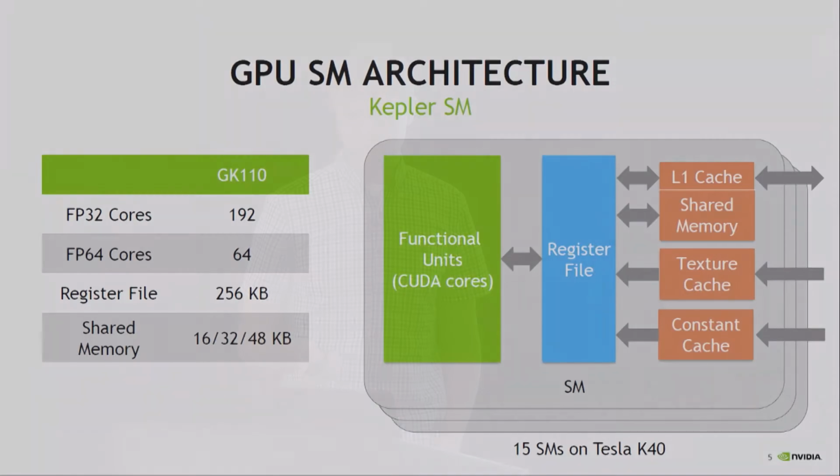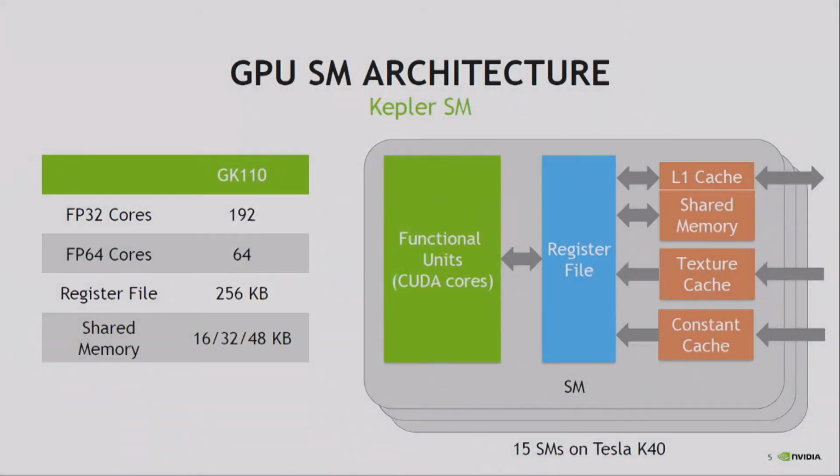Now, if we go deeper into the architecture, we have DRAM, L2 cache, and SM. I'm going to go over some SM architectures that we had before, starting from Kepler, which is still available and still used quite often. For example, the Oak Ridge Titan supercomputer still has it. In the Kepler SM, as I mentioned, there are 15 SMs on, for example, the Tesla K40.